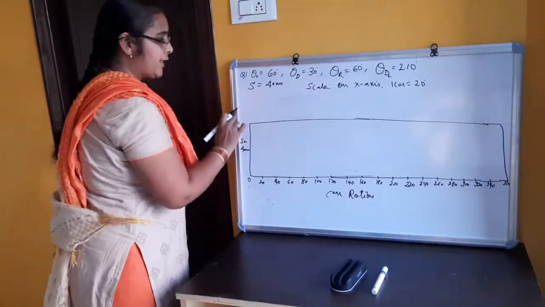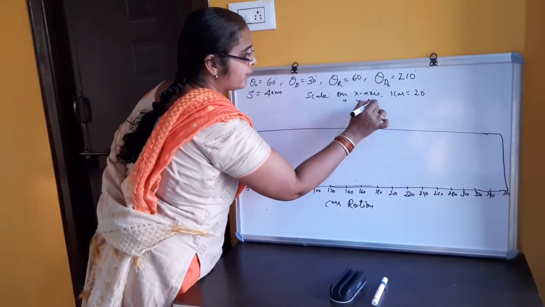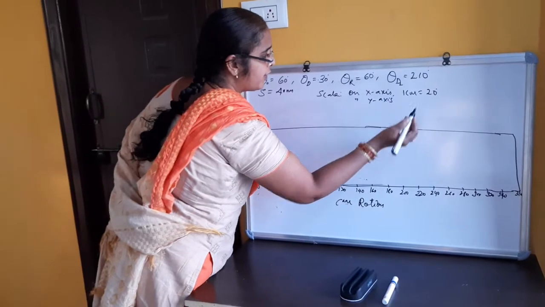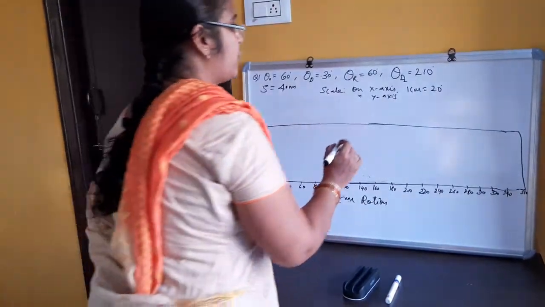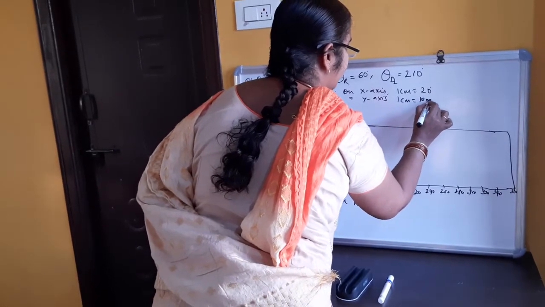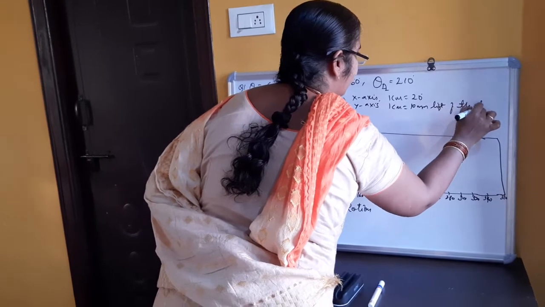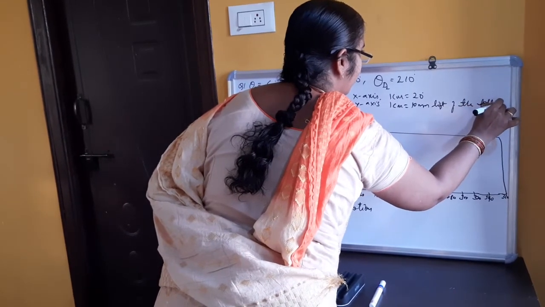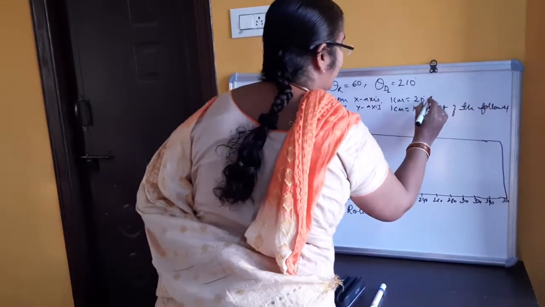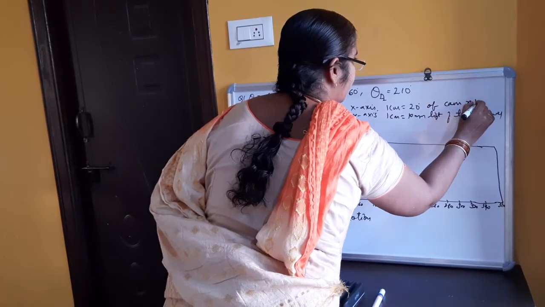And on the y-axis I have taken 1 centimeter is equal to 10 mm lift of the follower. On the x-axis I have taken 20 degree of cam rotation for each 1 centimeter.